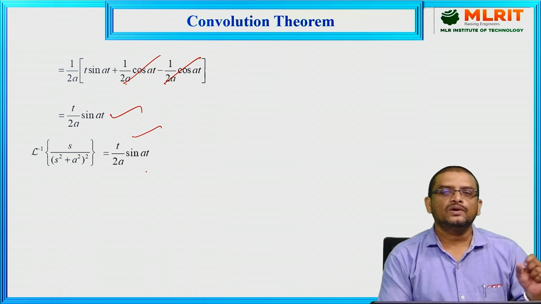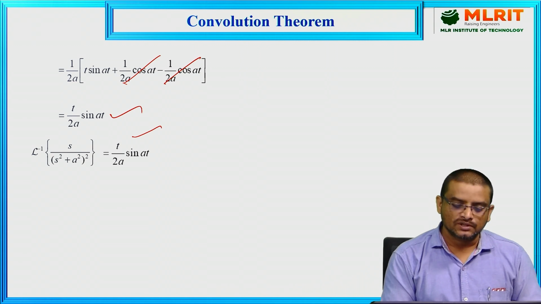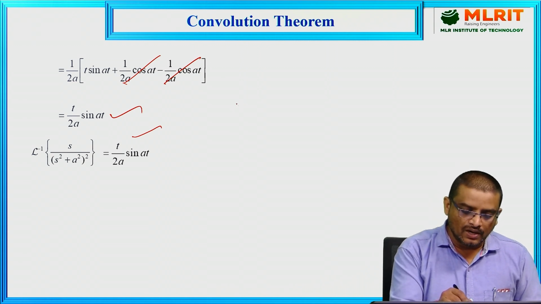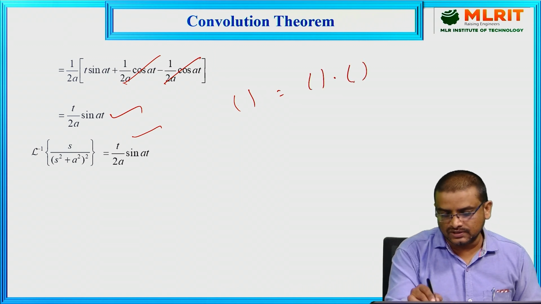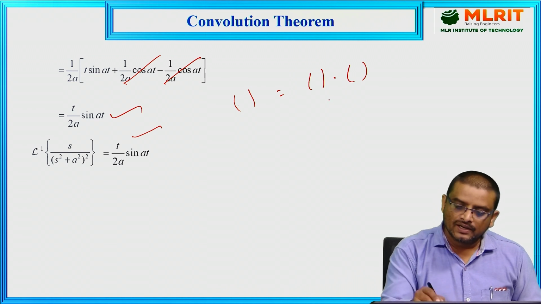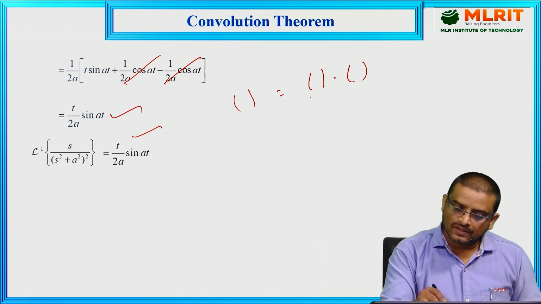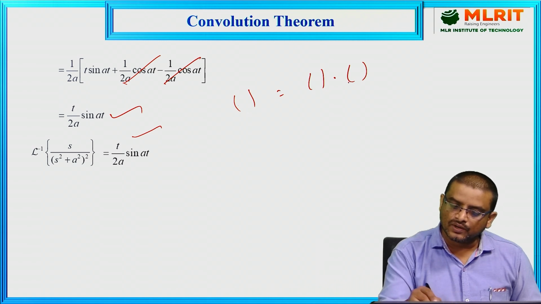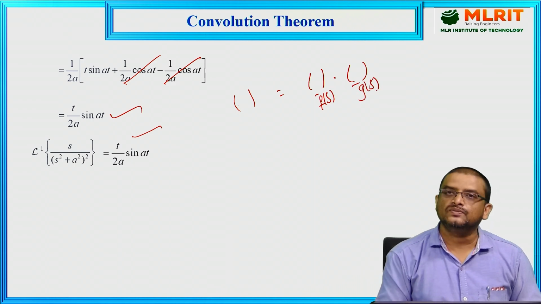Whenever we want to apply this convolution theorem, we have to remember some important points. The first one is we have to take the function as the product of two functions. Whatever function we have expressed as the product of two functions, you consider one function as f bar of s and the other function as g bar of s.